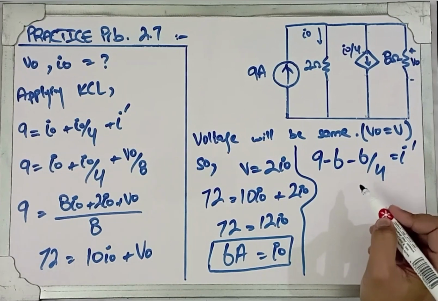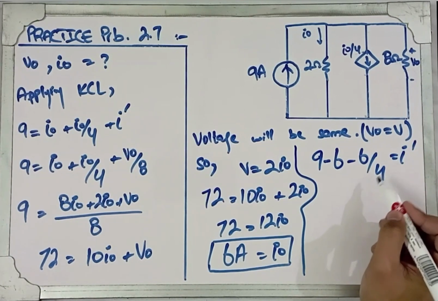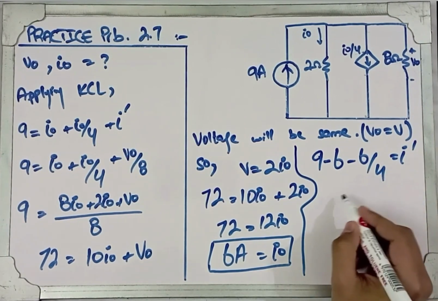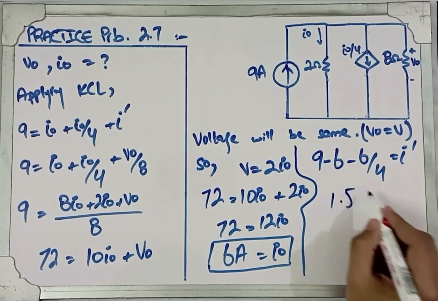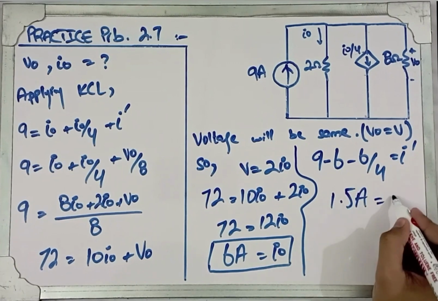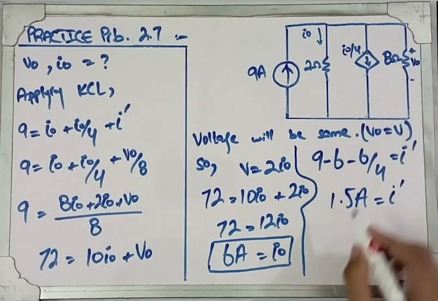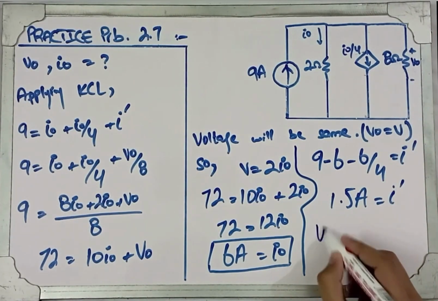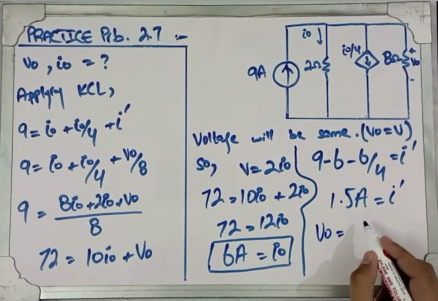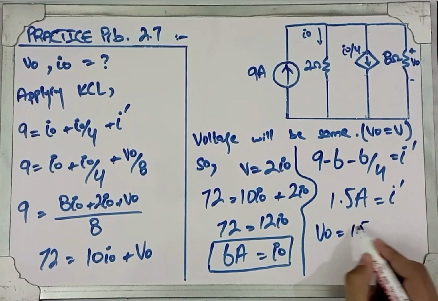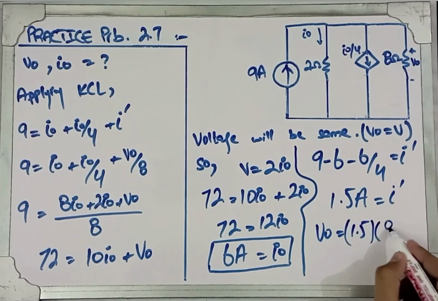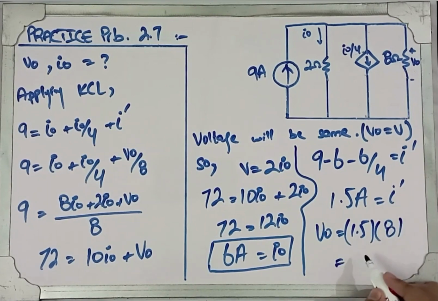Solving this whole equation will give us our I prime, that is 1.5 amperes. Now simply applying Ohm's law on the 8 ohm resistor, we will have our voltage V naught equals 1.5 multiplied by 8. It will give us our voltage, that will be 12 volts.